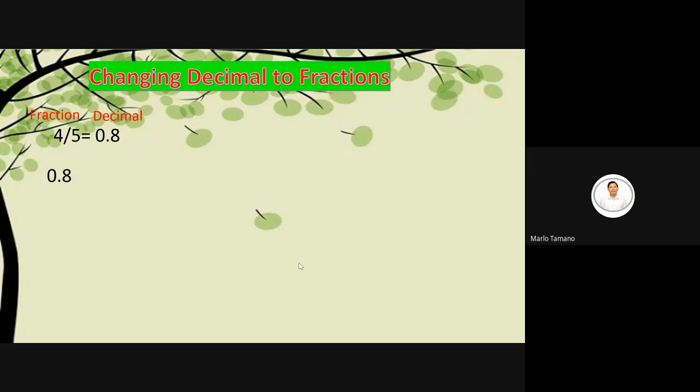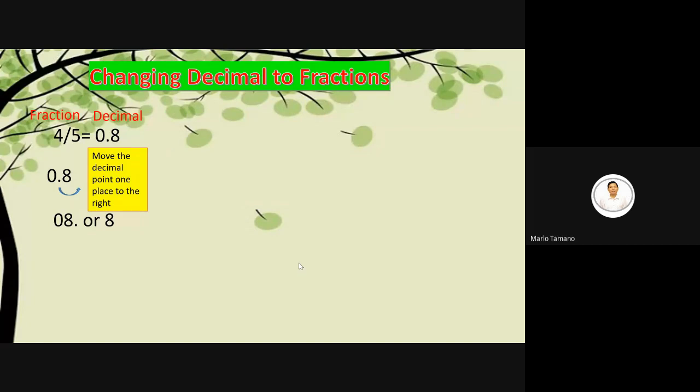And 0.8, we will change this into fraction. How? So move the decimal point to the right one place. The 0.8 becomes 8.0. Tapos ilalagay yung decimal doon. Kahit wala na po, kasi nagiging whole number na rin naman po yung 8.